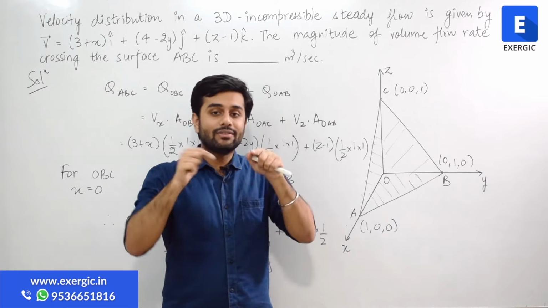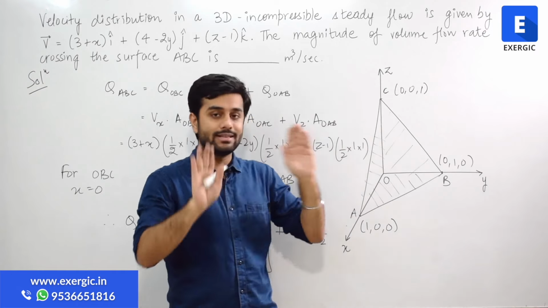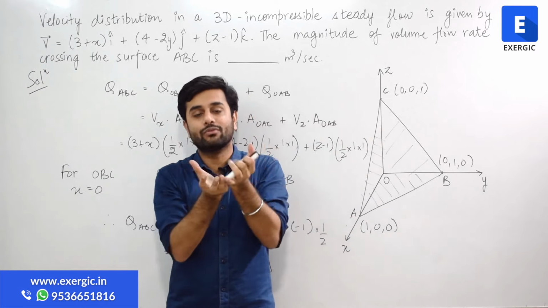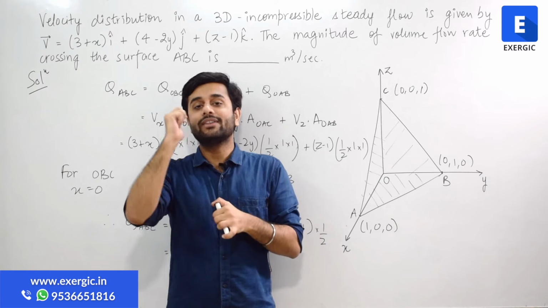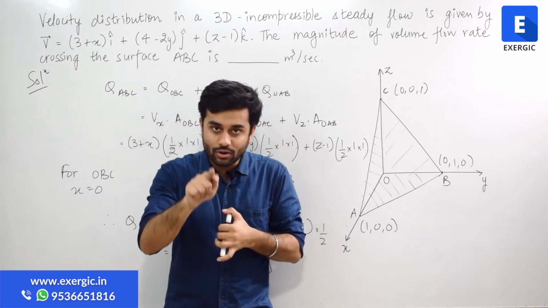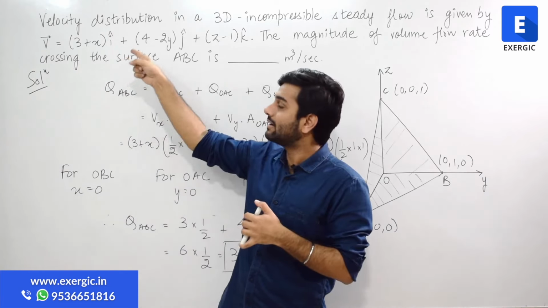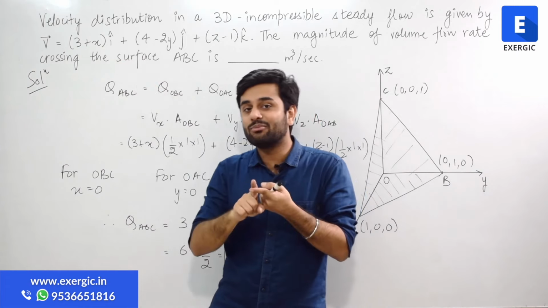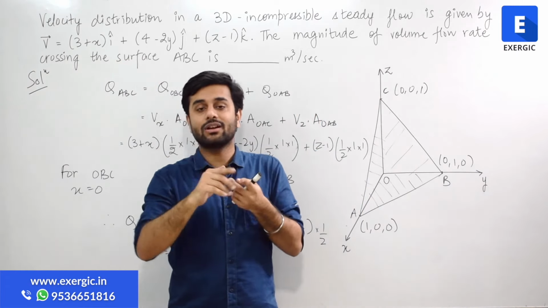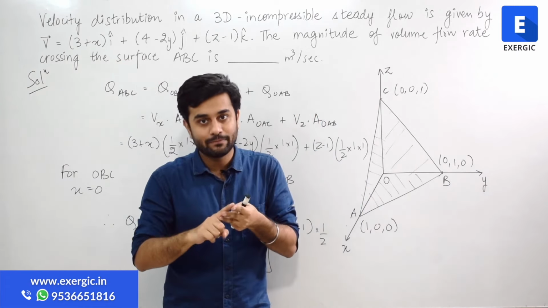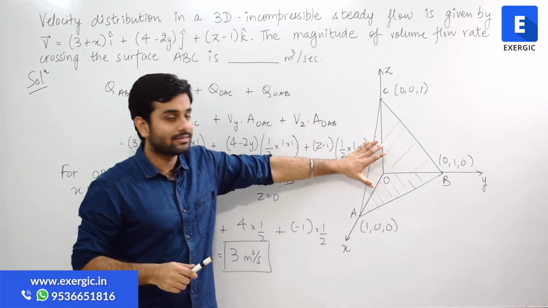But we have included these three planes X, Y, Z also to form a volume. And why have we done that? Because the question gave us that velocity has three components, one along X, one along Y, one along Z. Look at this diagram now.